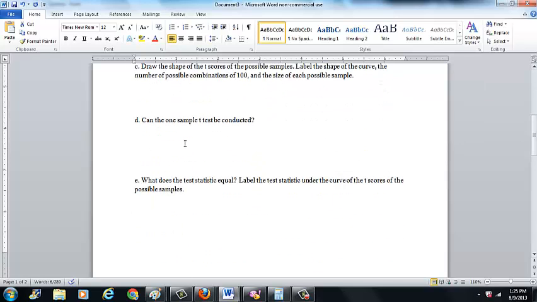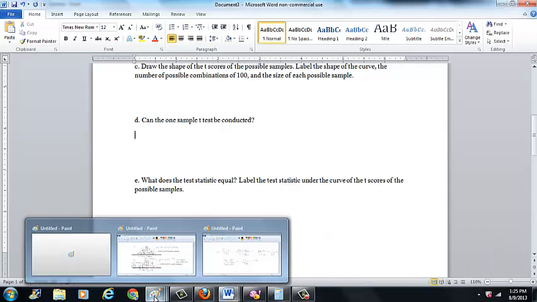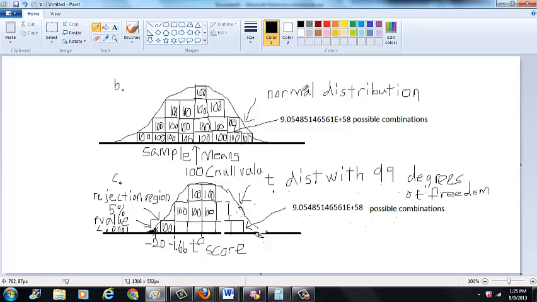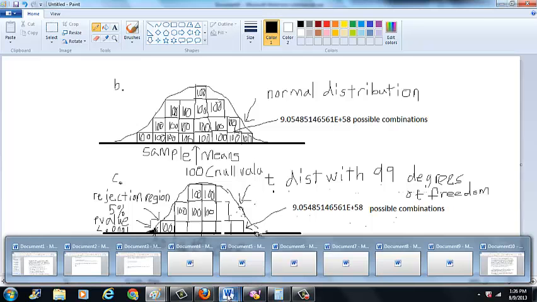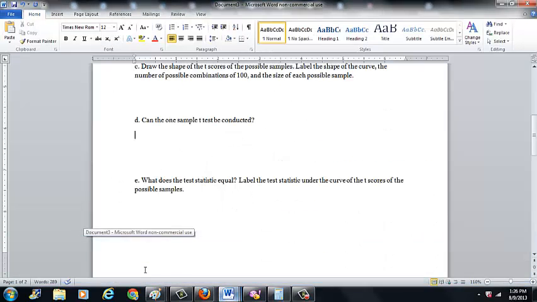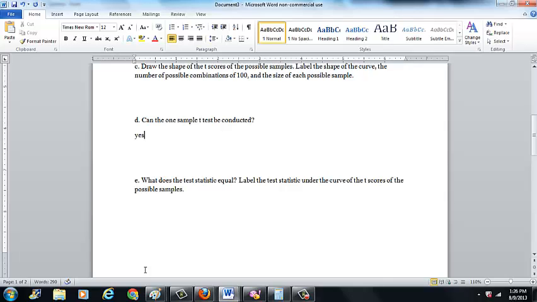Can the one sample t-test be conducted? We had a normal distribution in part B and a t-distribution in part C. So the answer would be yes. What does the test statistic equal? We just have to use our formula again.